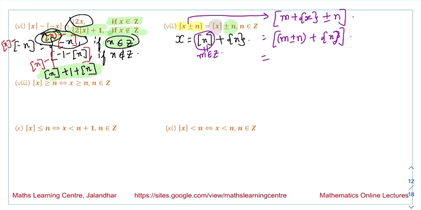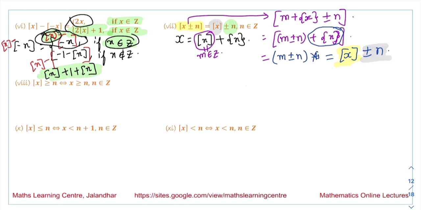And what is the answer for this? We know that the answer will be m plus minus n, plus the fractional part, which is removed. So this is equal to the greatest integer function of x plus minus n.